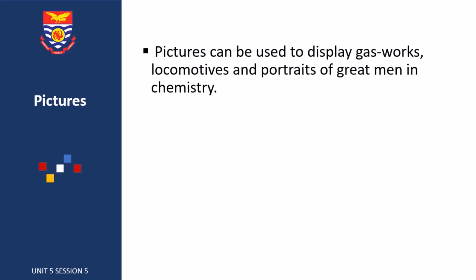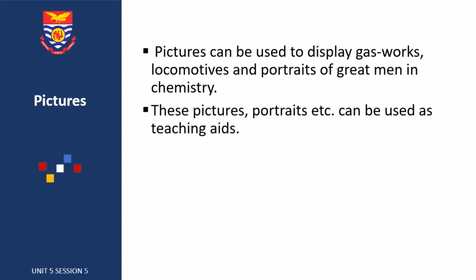Next is pictures. Pictures can be used to display gas works, locomotives, and portraits of great men in chemistry. These pictures, portraits, etc., can be used as teaching aids. Imagine teaching Dalton's atomic theory.